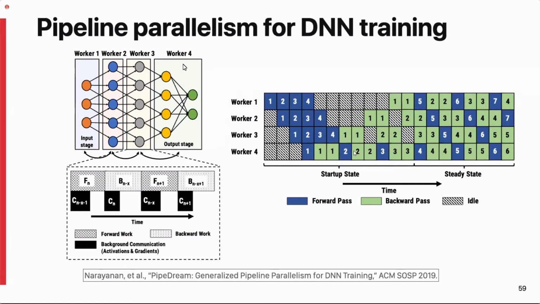It turns out the task of training a deep neural network involves the forward pass and then back propagation, the backward pass. So for each one of these tasks, for example, task number 1, we have a forward pass and a backward pass. But for each one of these passes, we can divide individual layers into the different workers.